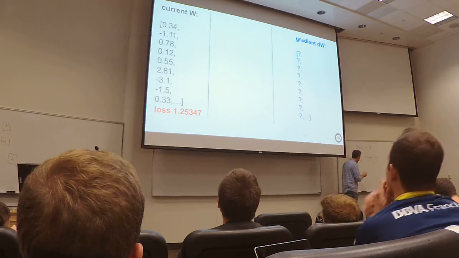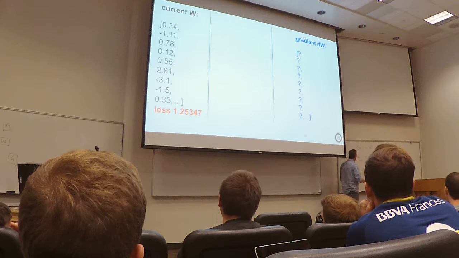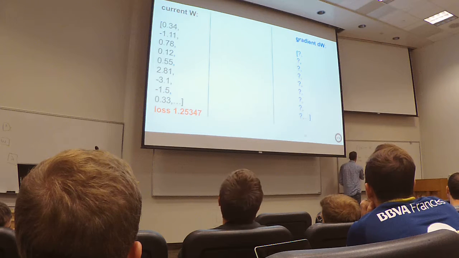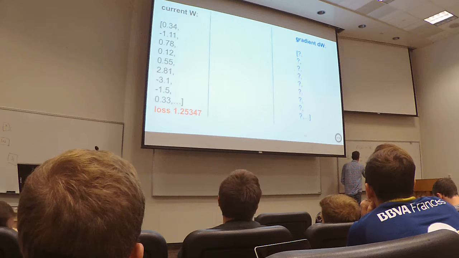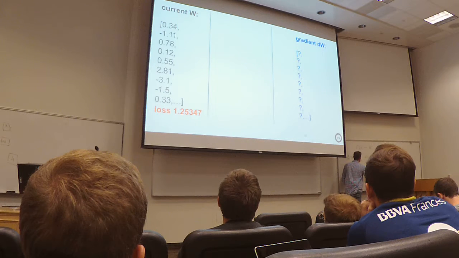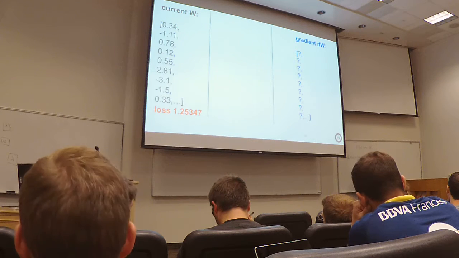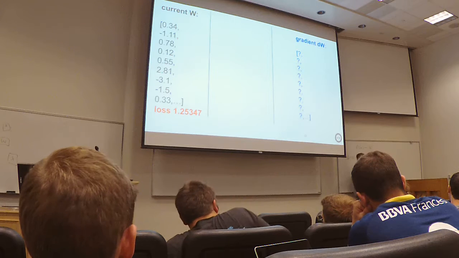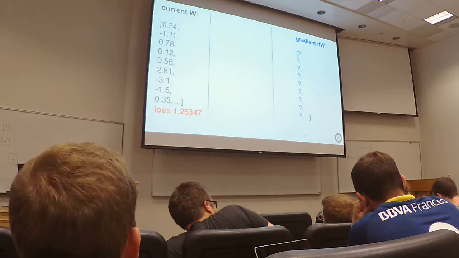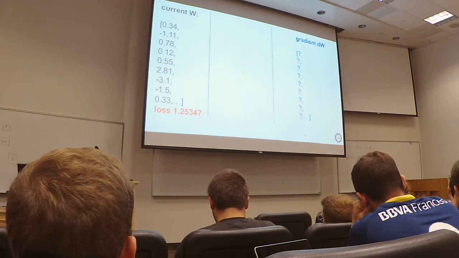This is literally the calculus version of slope equals rise over run. We have some function, and we want to calculate the derivative at x, which is the tangent line. We approximate that with a little triangle.